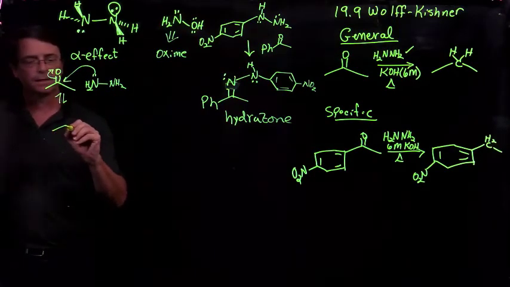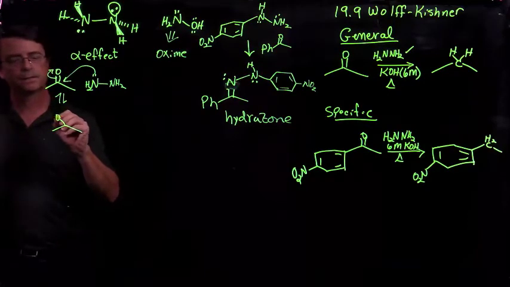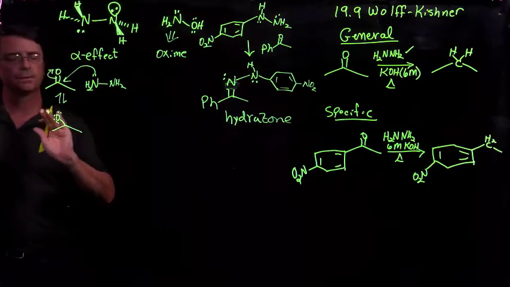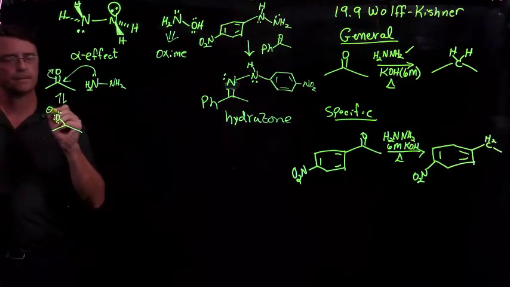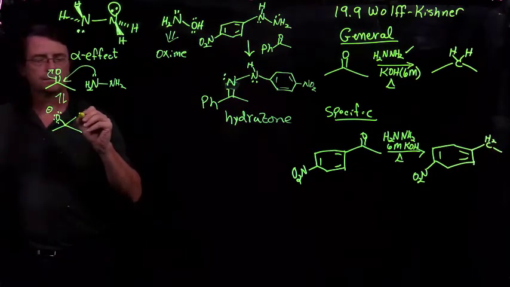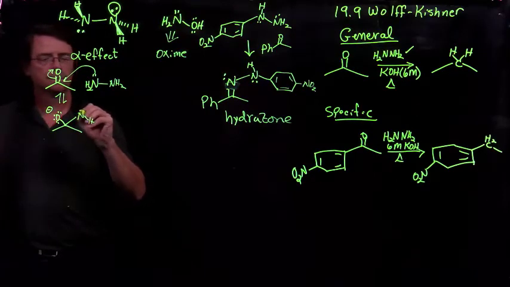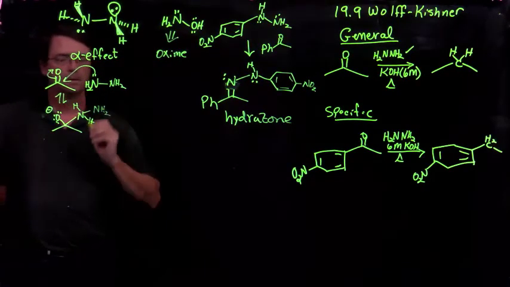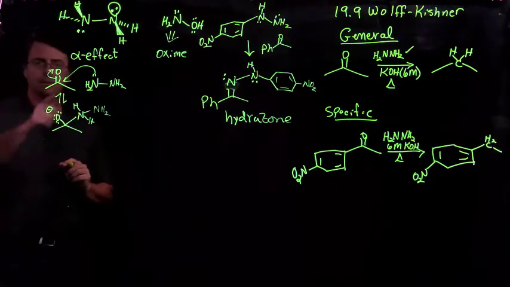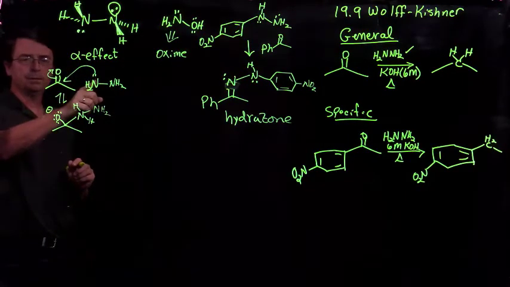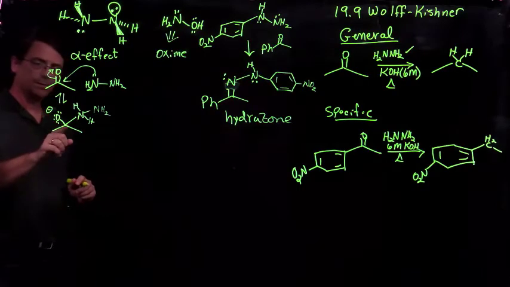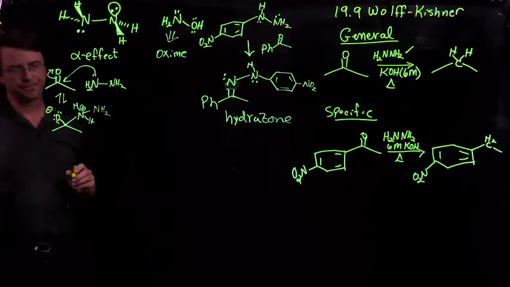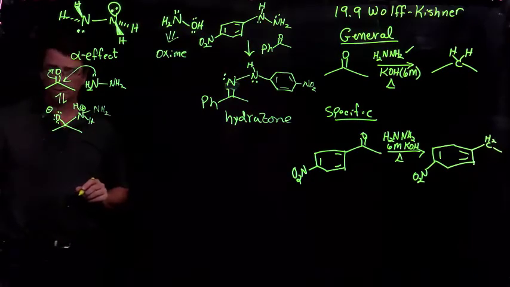We get nucleophilic attack, and here is our first tetrahedral intermediate in this reaction. So the addition to the carbonyl happens, we produce a tetrahedral intermediate. Now this is a zwitterion.